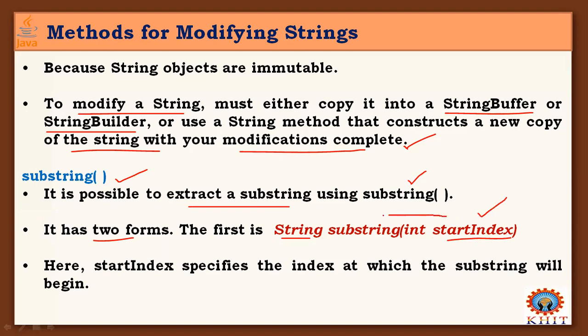Based on this start index, it returns a substring from the given string object. The starting index parameter of this method specifies the index at which the substring will begin.